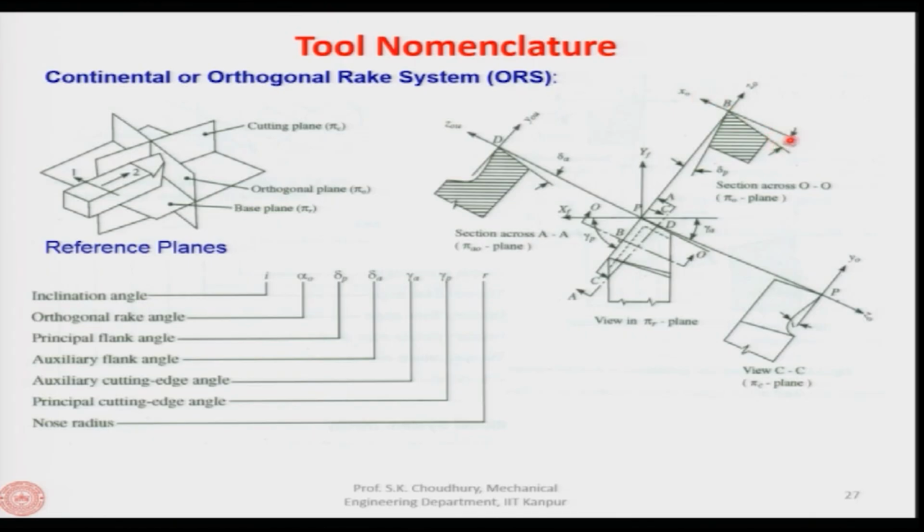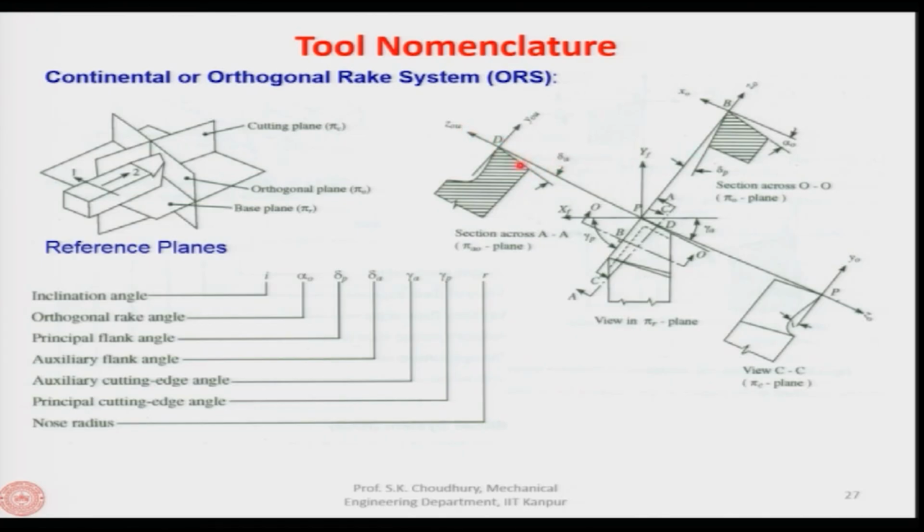This is the angle which is called the orthogonal rake angle, and similarly this angle which is made by the flank face and the z axis is called the principal flank angle. Similarly, here you will have the tool inclination angle, and here you have the auxiliary flank angle. This is because it is in the auxiliary plane, and this is the flank face which is making an angle with the z axis. This is the auxiliary flank angle.